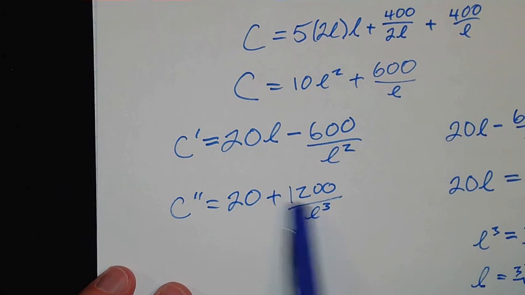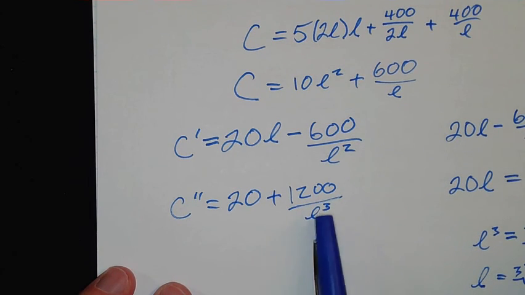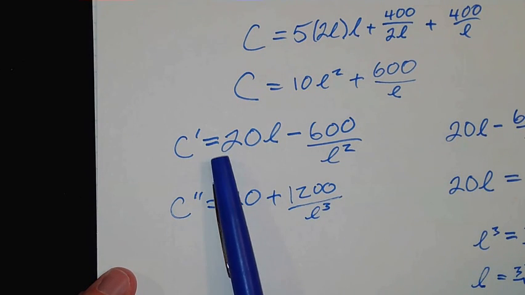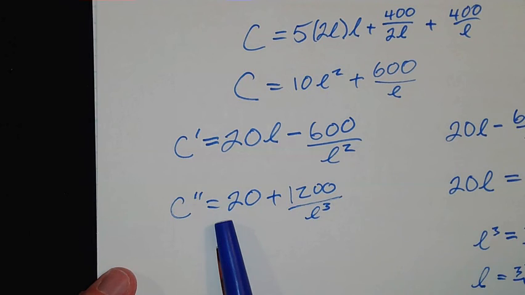And so now I've just got positive quantities. If I plug my solution, the cube root of 30, in here, this is going to be positive. And if my first derivative is 0, my second derivative is positive, we have a minimum. We definitely have a minimum to our cost.